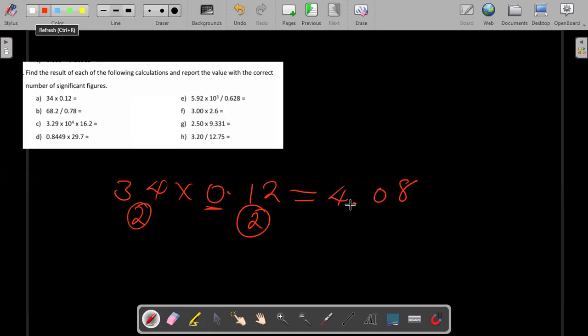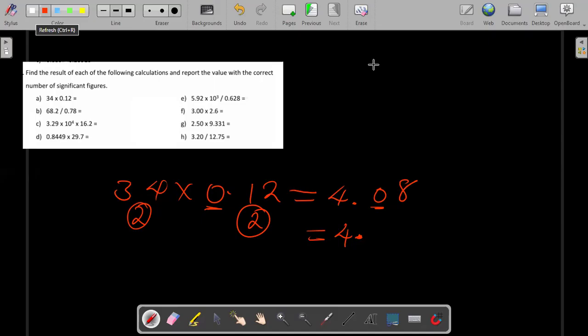In this case, how many significant figures am I having? I'm having 3 significant figures, because this zero is in between numbers, so it's significant. So I will need 2 significant figures, because the least significant figures when multiplying these 2 numbers is 2.